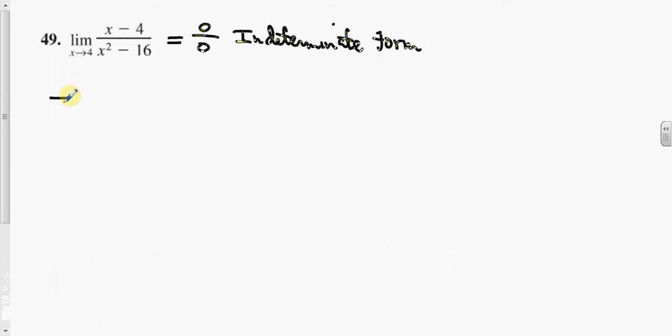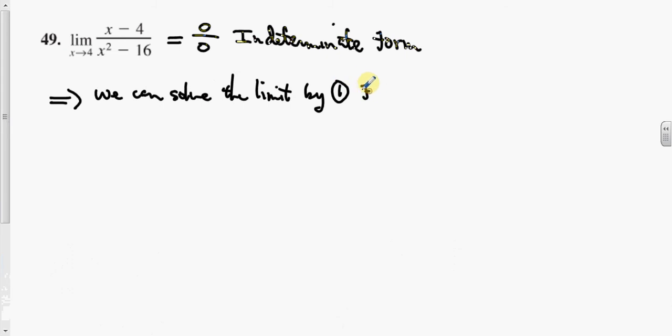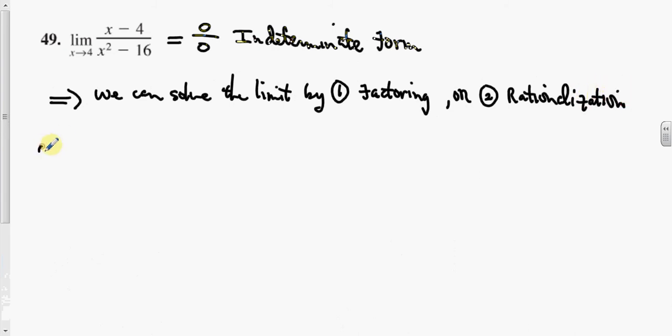We say that indeterminate form implies that we can solve the limit by factoring if we can, or rationalization, or number 3, we save this for a later time, L'Hopital's rule.